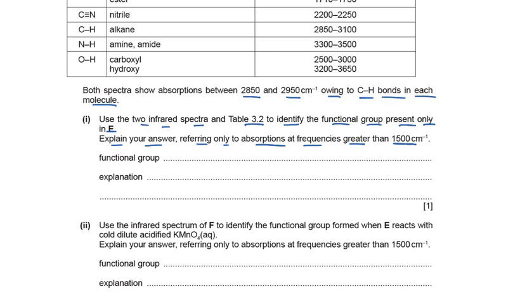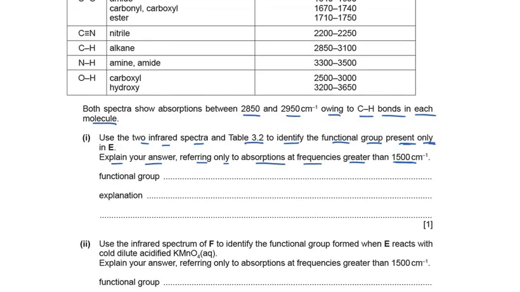So we are talking about the infrared spectrum only of the peaks above 1500. First have a look at the question and understand the difference, then we'll have a look at the table given here. Understand the question again: use the two infrared spectra and table 3.2 to identify the functional group present only in E. That is the main question.